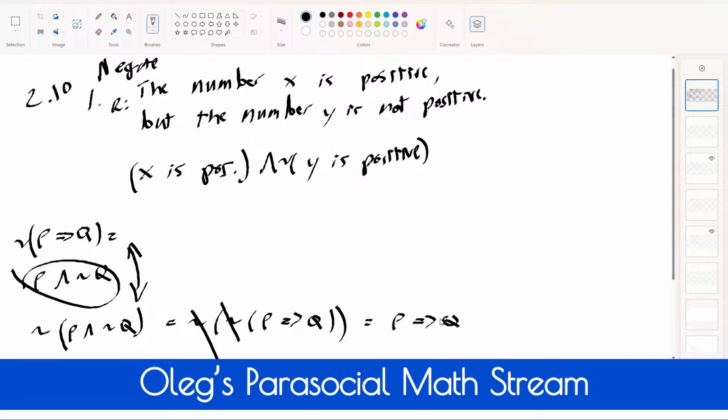So now we just establish what P and Q are and write it out.